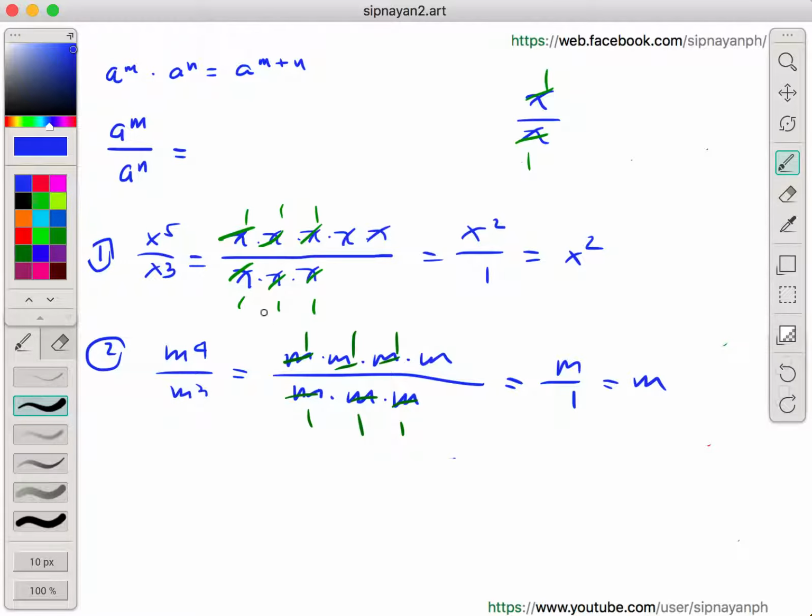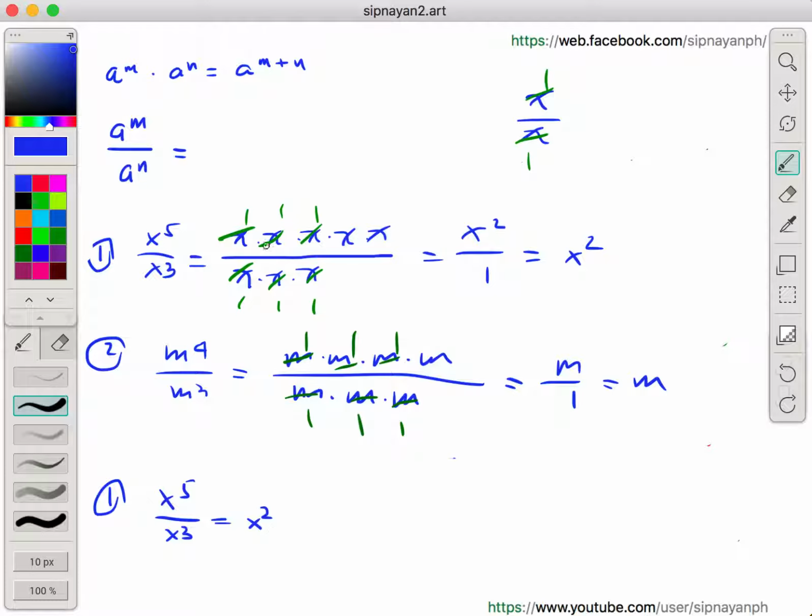Napansin ninyo, observe that x to the 5th, if we write like this, x to the 5th divided by x cubed is equal to x squared. Anong relationship ng tatlong yun? 5, 3, tsaka 2. Parang mina-minus, 5 minus 3 is 2, di ba?